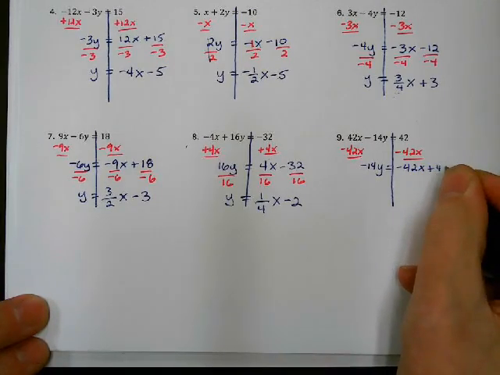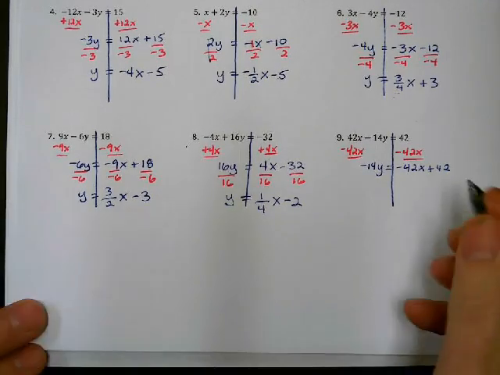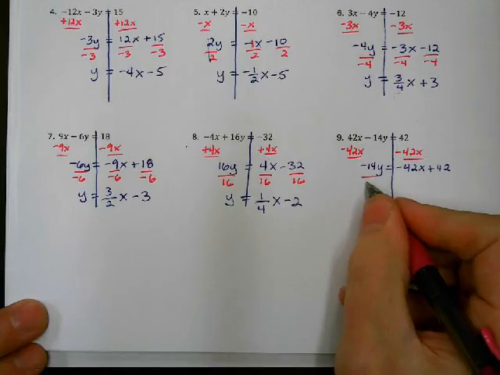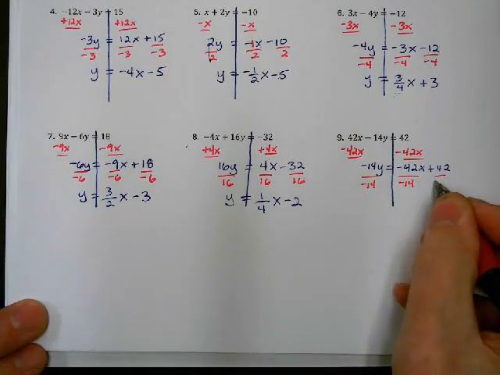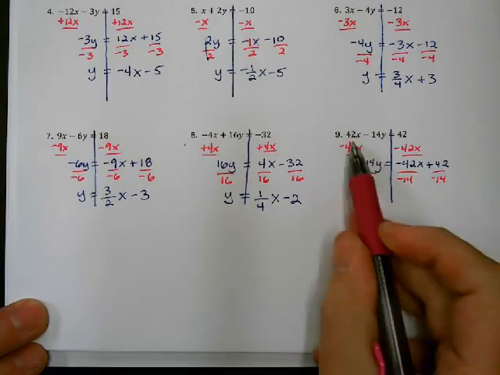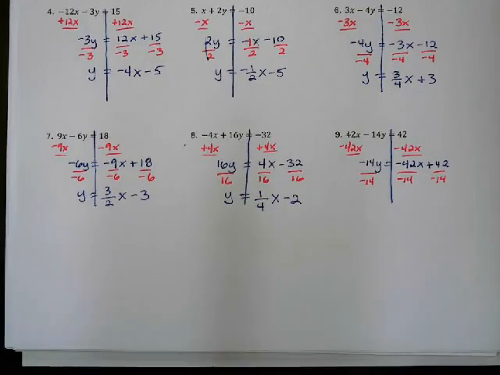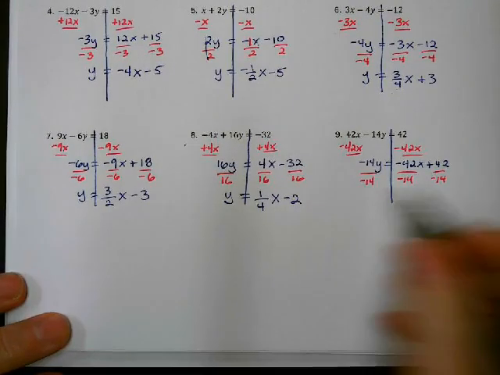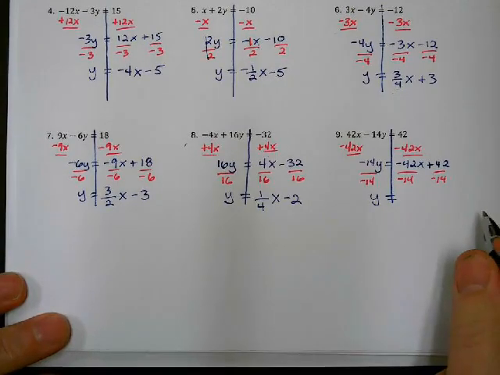Divide both sides by negative 14. I don't think I meant both of these to be 42. We're just going to write this one out. It's going to be fun. All right, so negative 14 divided by negative 14, we get y equals 42 divided by negative 14.